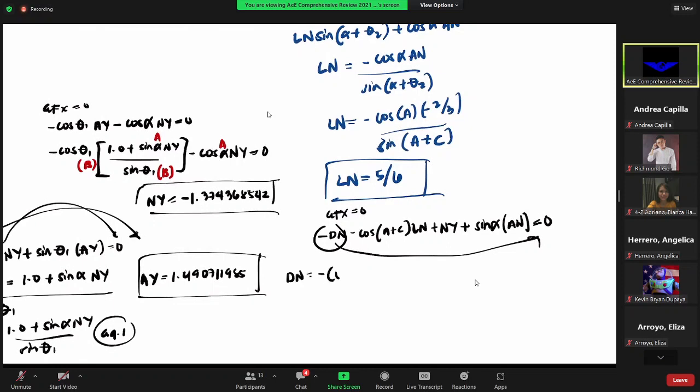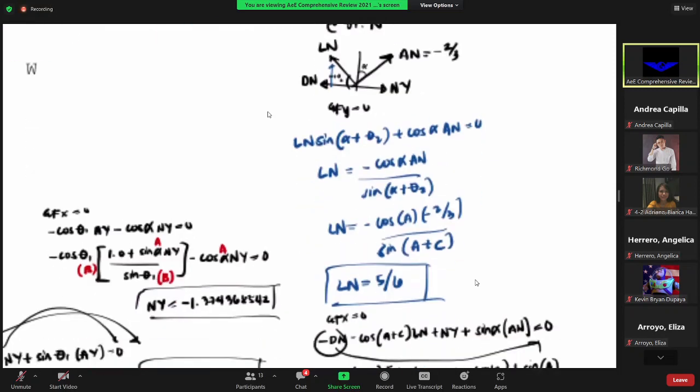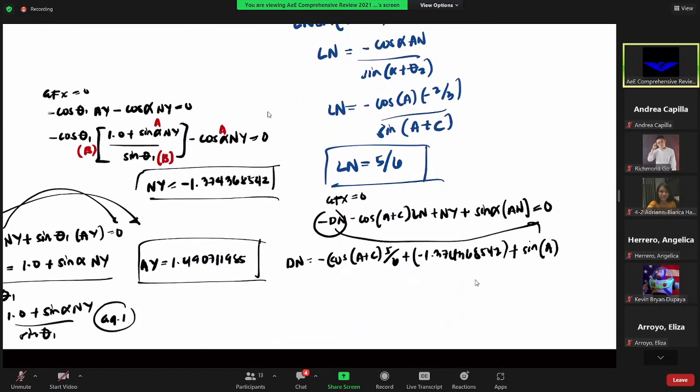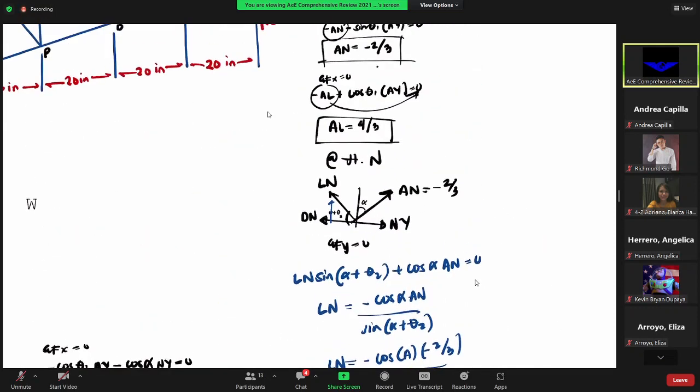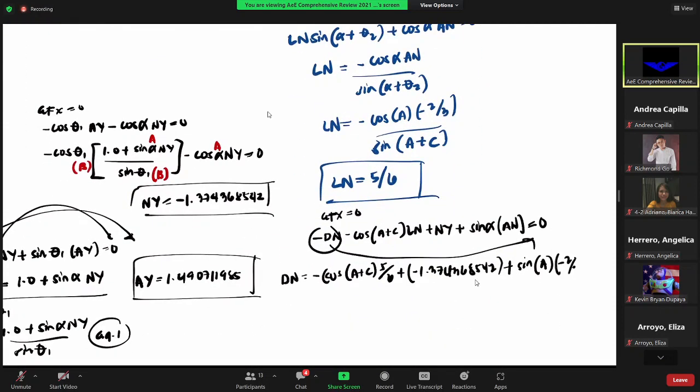So DN is equal to negative cosine A plus C LN 5/6 plus NY na negative 1.37436 8542 plus sine AN. Ano yung AN natin? Negative 2/3. So ano yung DN natin, guys?